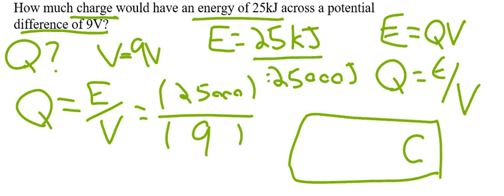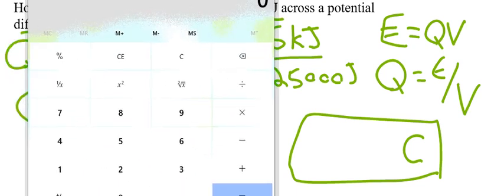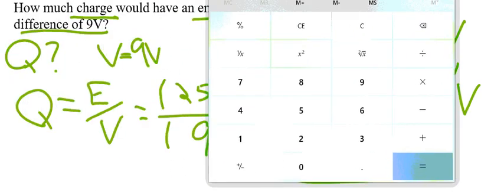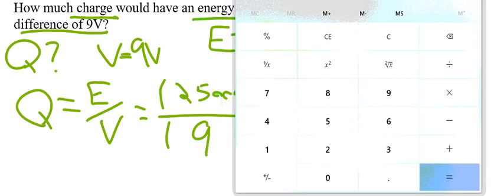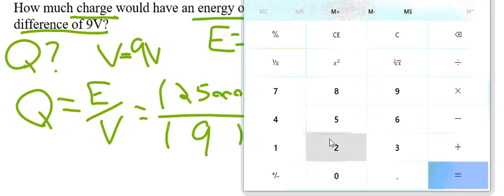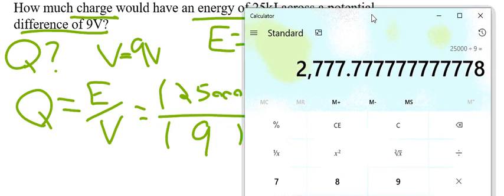So we can type that right in. Unfortunately, my calculator is a little too big for the window I made here, but I'm going to go 25,000 divided by 9 equals, and we get an answer that's not super nice.